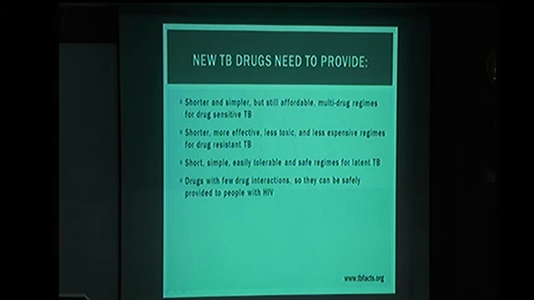We need short, simple courses for latent TB. So, even if we can predict if you're going to get TB or not, having somebody take 6 months or something of drug is going to be very hard to convince people to do when they don't feel bad at all, for example.